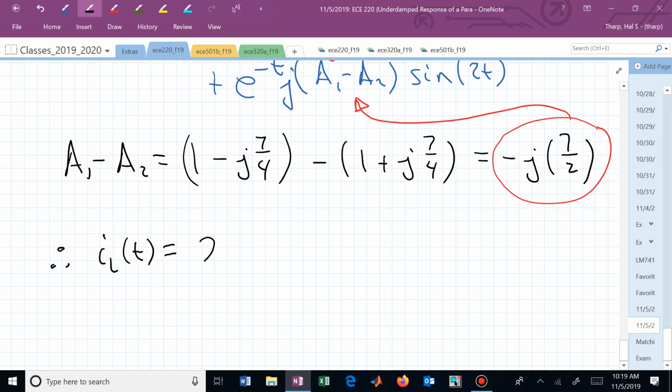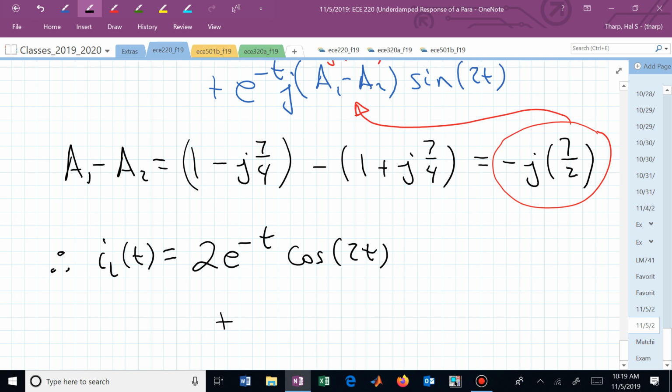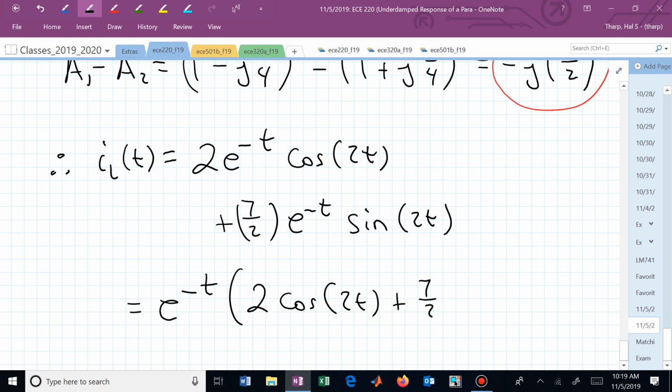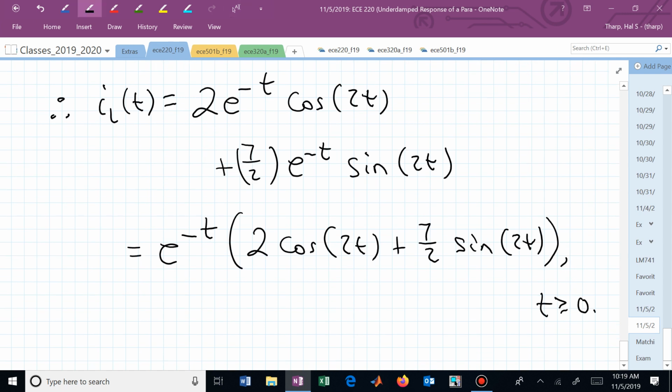I now have 2 e to the minus t cosine of 2t plus 7 halves e to the minus t sine of 2t. Or you might want to write that as e to the minus t times (2 cosine of 2t plus 3.5 sine of 2t), and that's true for t greater than or equal to 0.